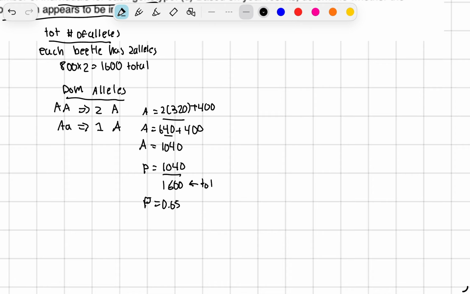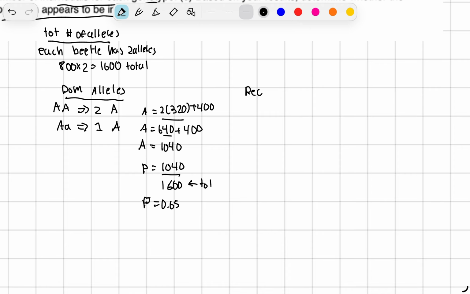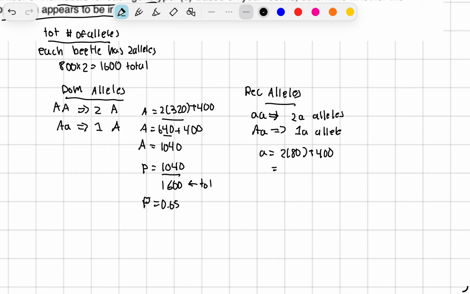After this, we can find our recessive alleles. We know that aa is going to contribute 2 lowercase a alleles, and Aa is going to contribute 1 a allele. So you have a equal to 2 times 80 plus 400, which is 160 plus 400, equal to 500.